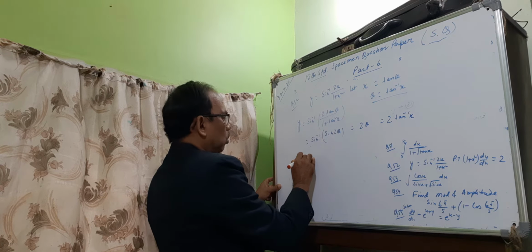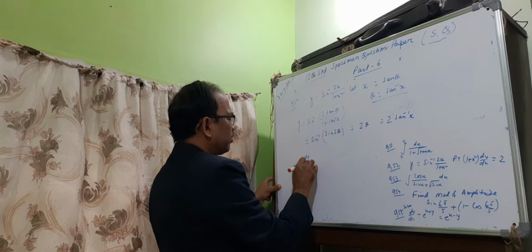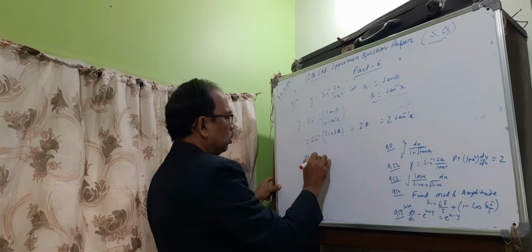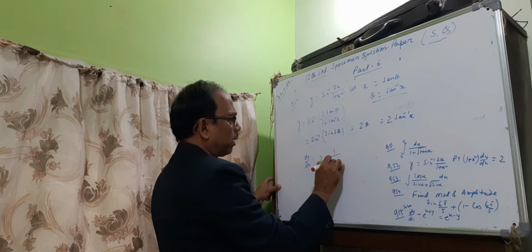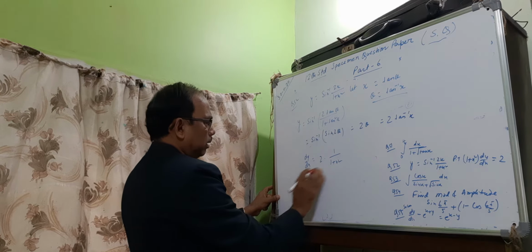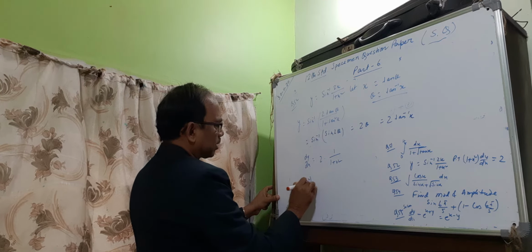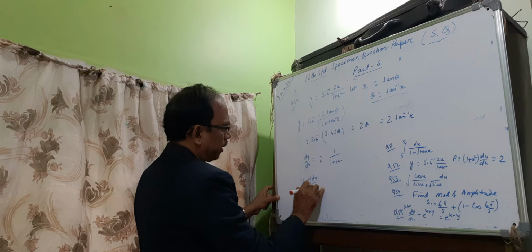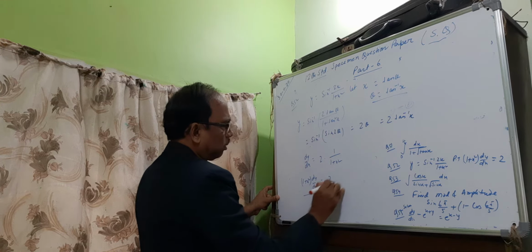Then differentiating, y equals 2 tan inverse x, the derivative is 1 by 1 plus x square, so 1 plus x square dy by dx equals 2.